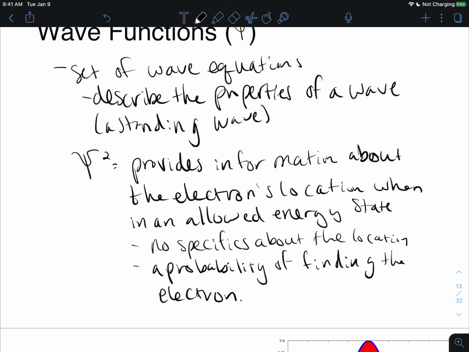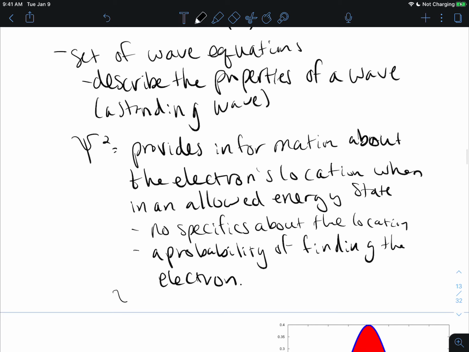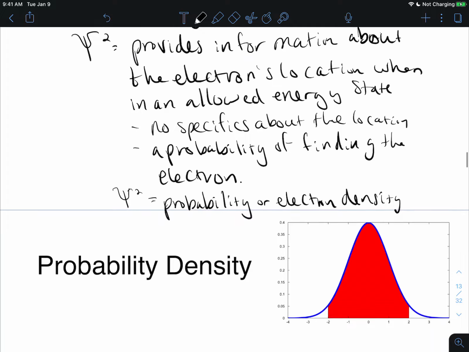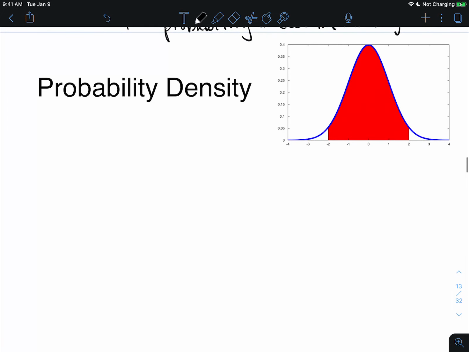Okay, so we would say psi squared is equal to the probability density, or electron density. So let's look at our probability density. This is what a probability density would look like.